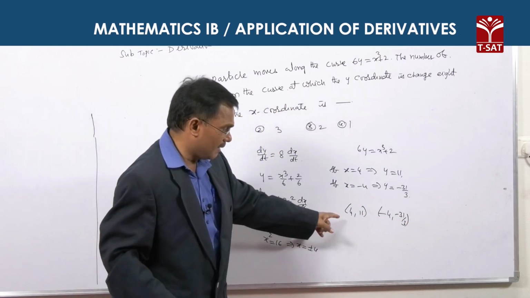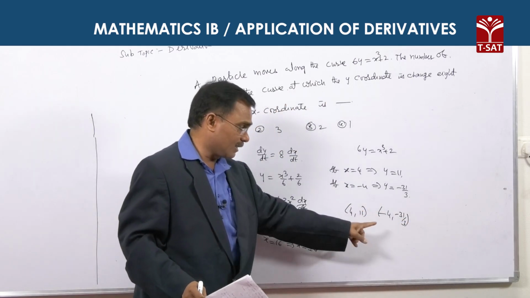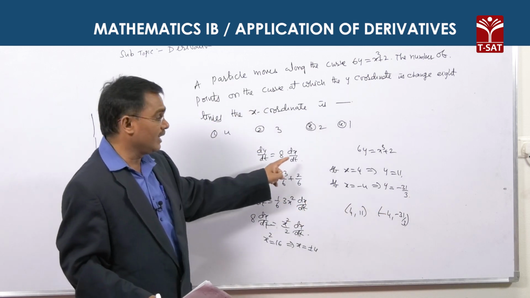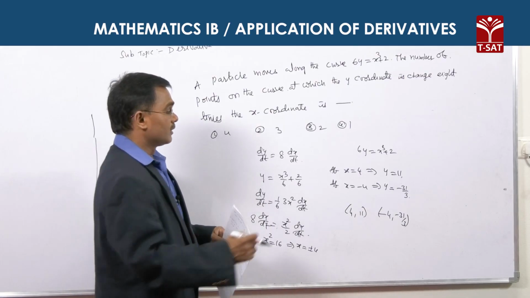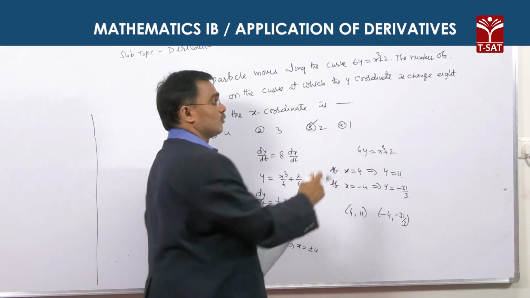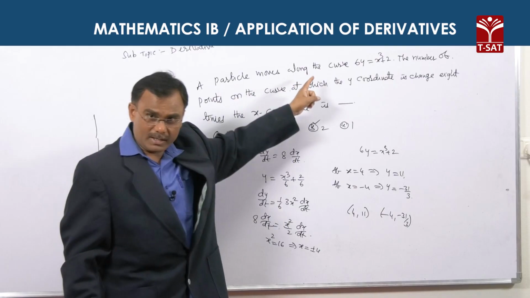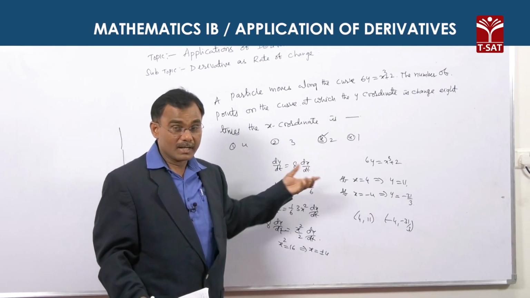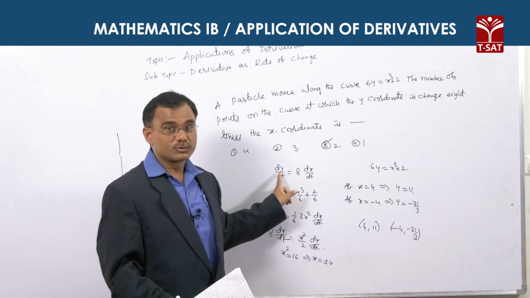At these two points, (4, 11) and (minus 4, minus 31 by 3), the change of the y coordinate is 8 times the change of the x coordinate. So the number of required points is 2. A particle moves on the curve, and the rate of change in the y coordinate is 8 times the rate of the x coordinate. How many points on the curve satisfy this condition?